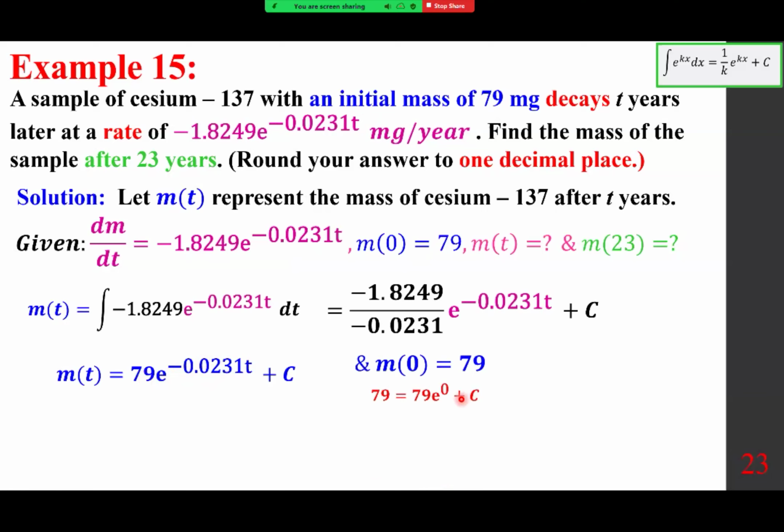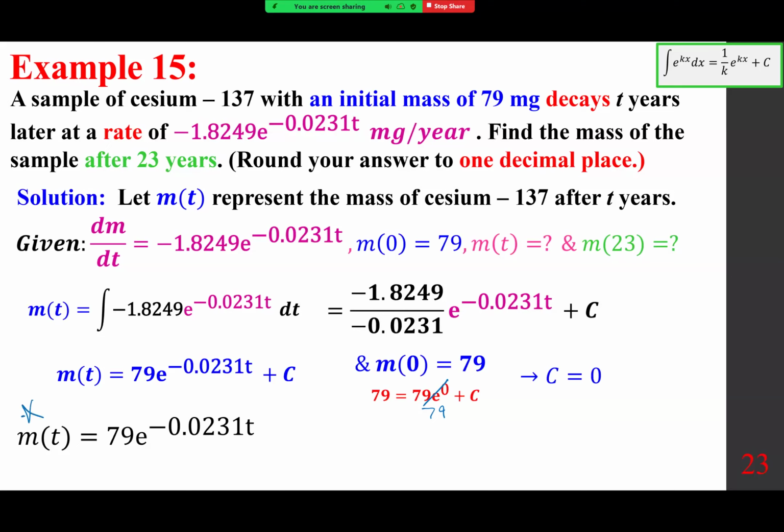This is 79. 79 equals 79 plus c. C must be 0. And this is the general solution, which now is changing to a particular solution.